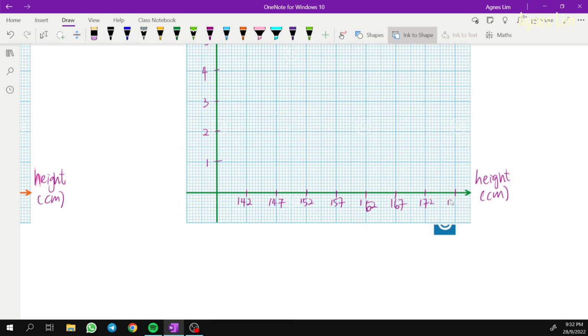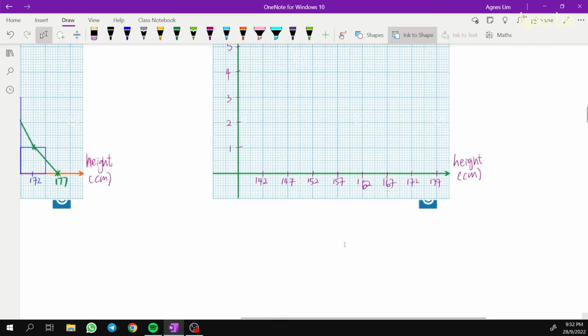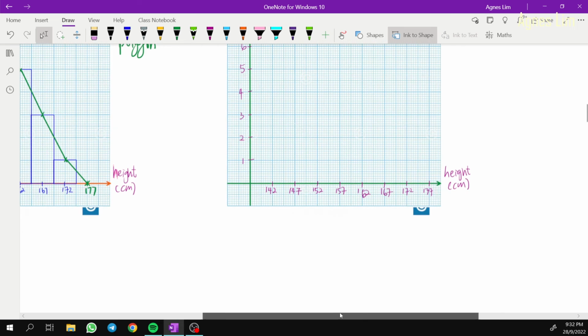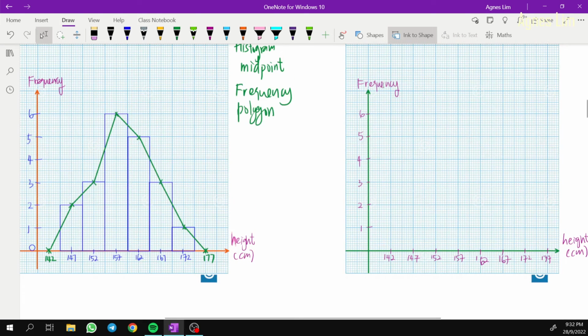The last one is 177. So you see it is a little bit different compared to when it is on top of the histogram. Can you see the difference? 142 was about 1 centimeter from the y-axis, but for our frequency polygon alone, without the histogram, you have to follow what's given as your scale, which is 2 centimeter to 5 units.